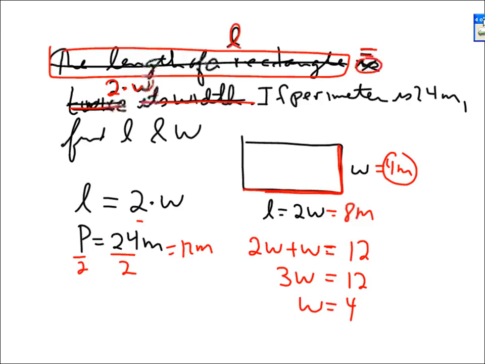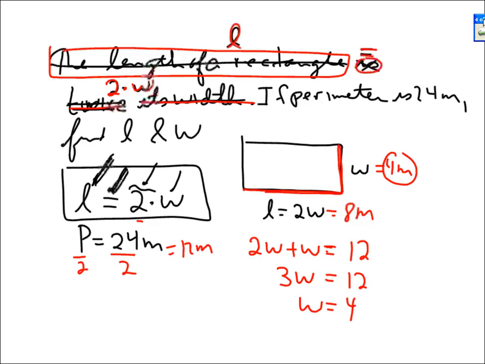But to get this equation, it's very, very simple. I can even read it backwards. The length of a rectangle is, 2 times means twice. The length of a rectangle is twice its width.